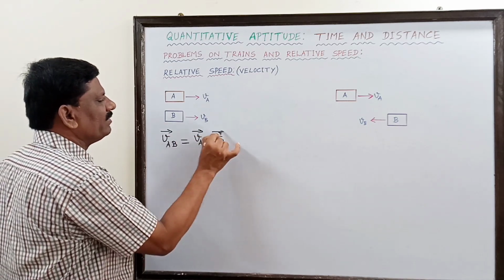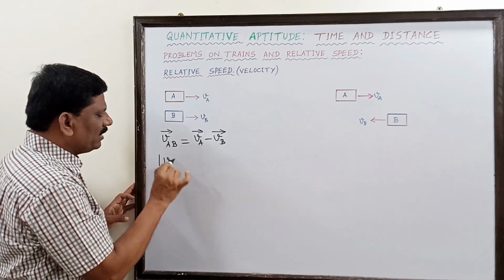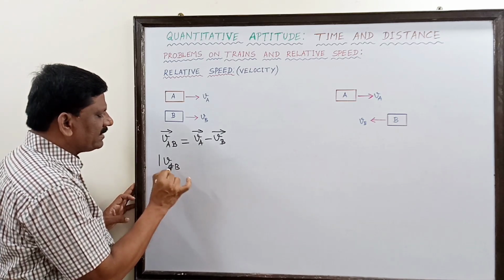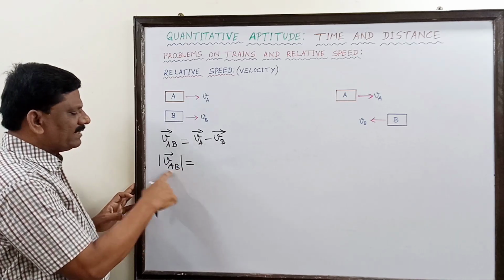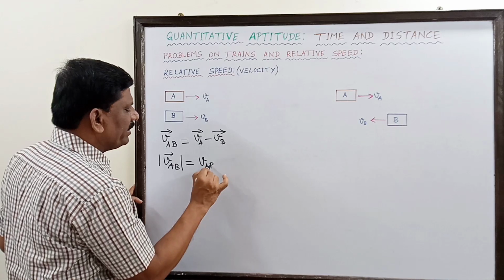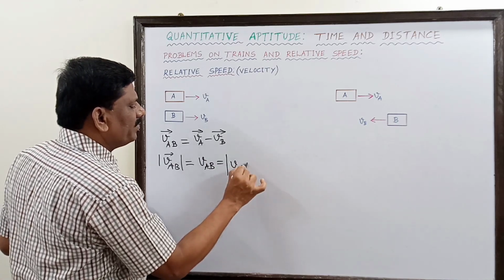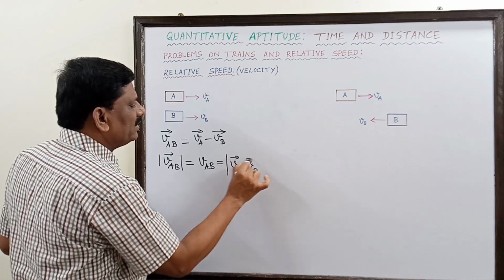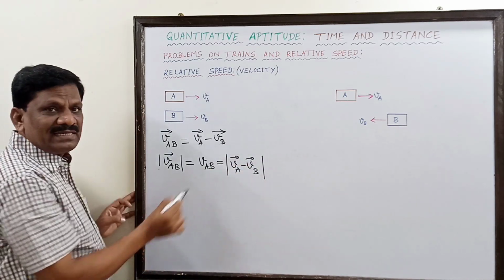The modulus of this vector is called the magnitude, and the modulus of velocity is called speed. So VAB is equal to the modulus of VA minus VB. The modulus of a vector is a scalar.